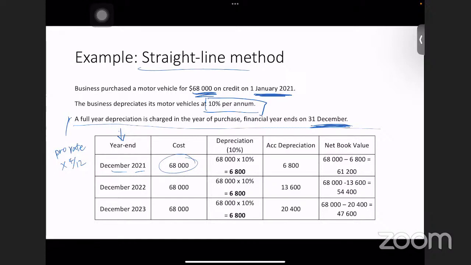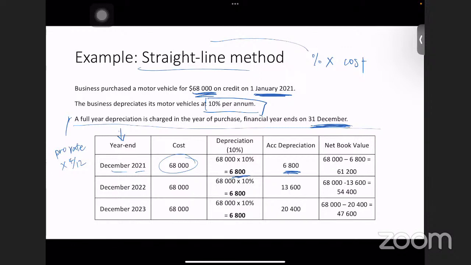Okay. And my depreciation. So for straight line, this one will be what? Rate multiplied by cost, right? So rate 10% multiplied by cost, I get this. Accumulated depreciation, since this is the first year, do you agree that I don't have anything accumulated from before? Right? So my first year, my depreciation is also my accumulated depreciation. Okay, because I don't have anything prior.